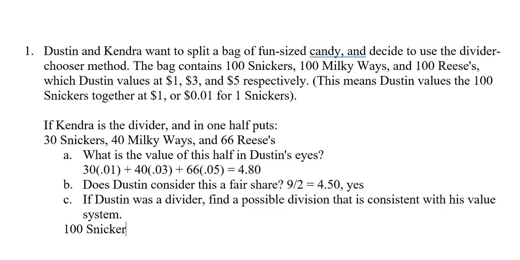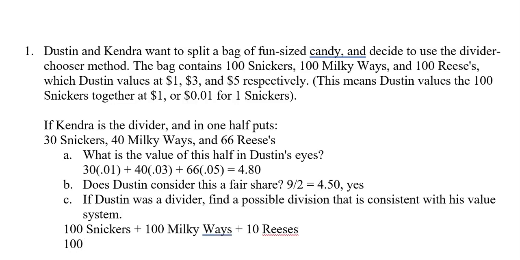That would be worth $1. And he could divide it so that there are 100 Milky Ways on one side. And now we're up to $4. Now, we need 50 cents more to make it what he would consider an equitable division. He's going to divide it at $4.50 and $4.50. So we need 50 cents in the Reese's. Well, the Reese's are worth 5 cents each, so if he gives her 10 of them, that is going to add up to $4.50.